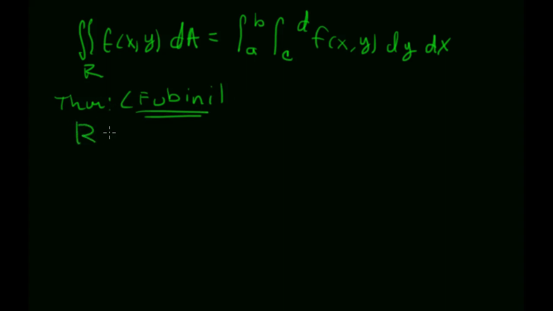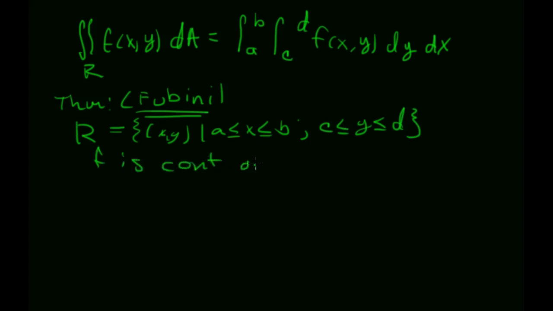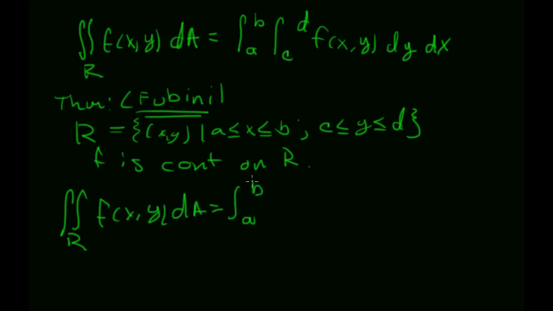Okay, so long as I have R being the rectangle that we've talked about, such that a is less than or equal to x less than or equal to b, and c is less than or equal to y less than or equal to d, then if f is continuous on R, which it would be nice if it were, then the volume, or the integral over that rectangle of f of x, y dA, is equal to what we said above, a to b, c to d, f of x, y dy dx.